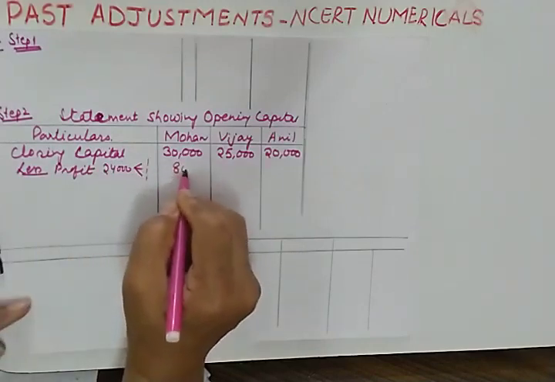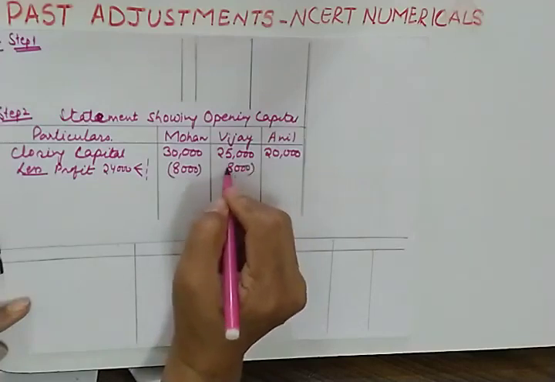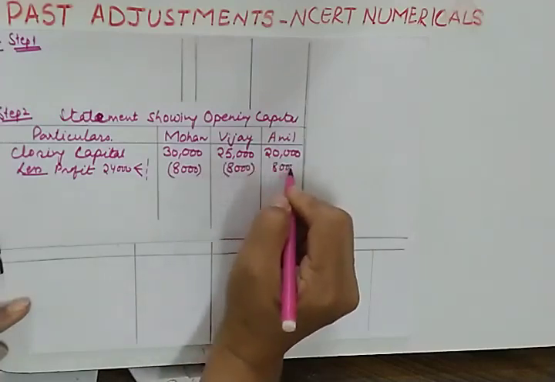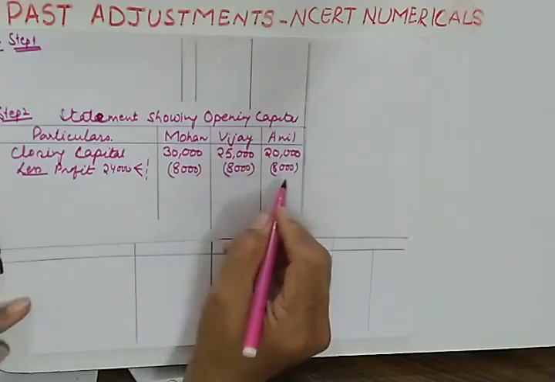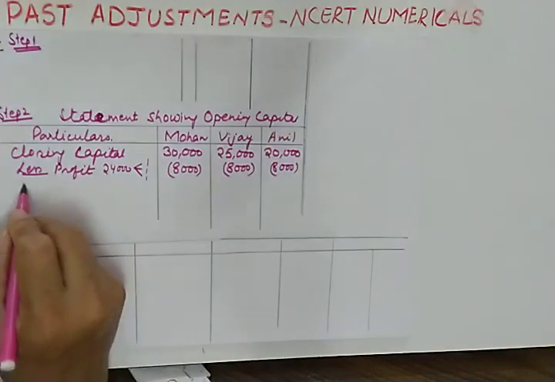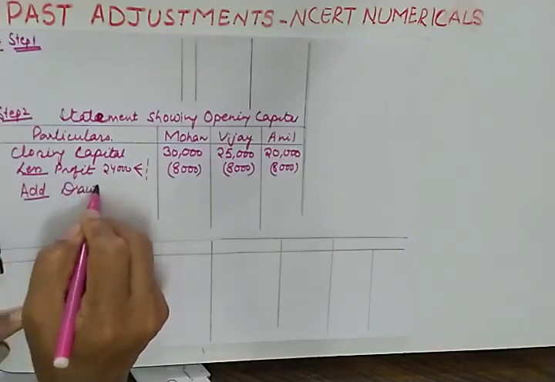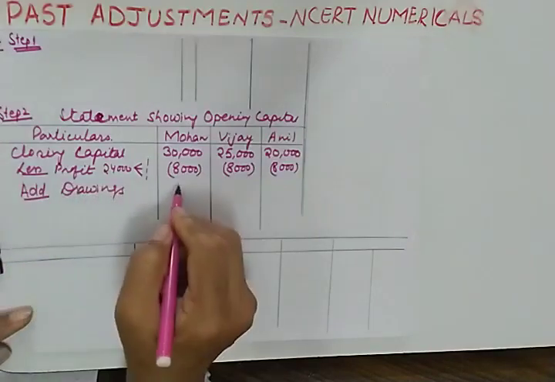So how much did Mohan get? He got 8,000. Vijay 8,000, which we are taking back. Why are we deducting? Because we want to know the opening capital. And then we'll add back drawings. How much drawings are given to you?